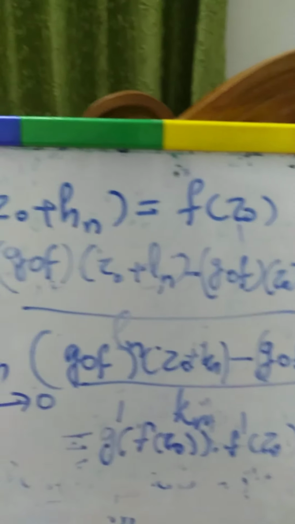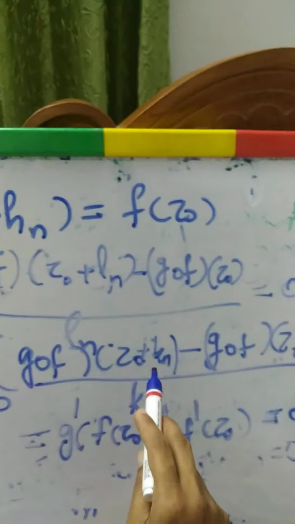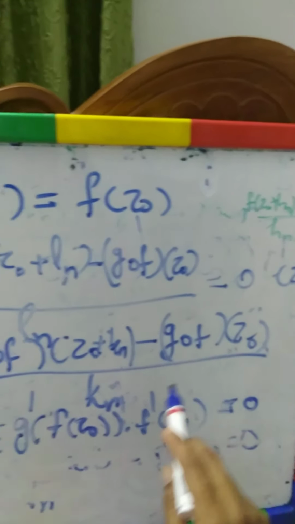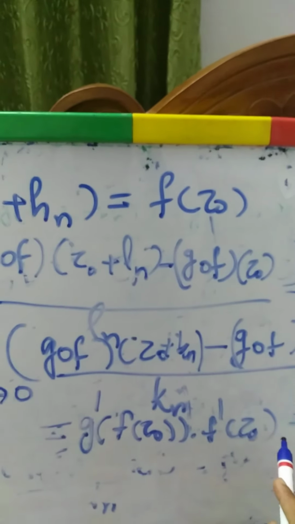So you obtain that the limit as kn tends to 0 of G composition f of z naught plus kn minus G composition f of z naught divided by kn is equal to 0.